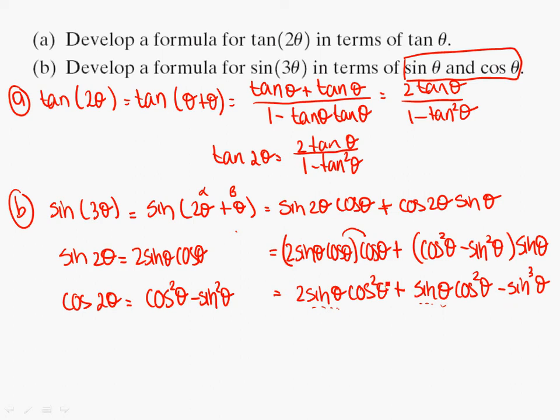Okay. 2 sine cosine squared plus 1 sine cosine squared is how much? 3 sine cosine squared minus sine cubed of theta, and we can leave that. We could factor out the sine, but it doesn't help much in terms of looking at it. So the sine of 3 theta is now written strictly with either sines or cosines.